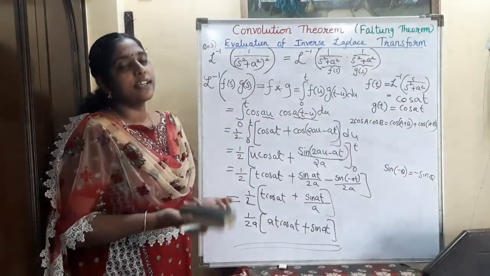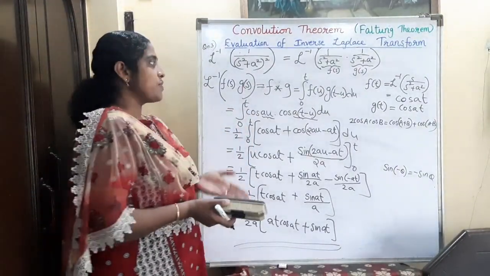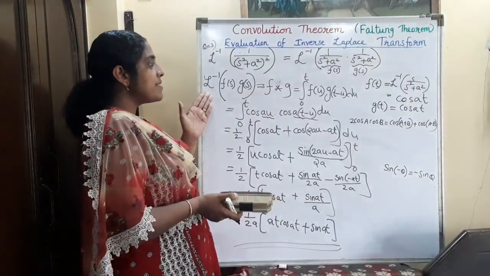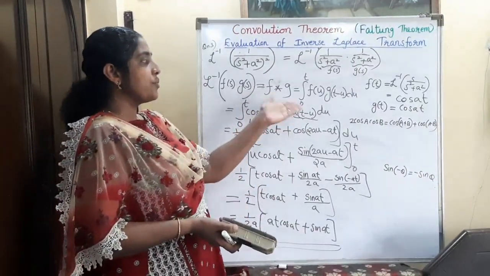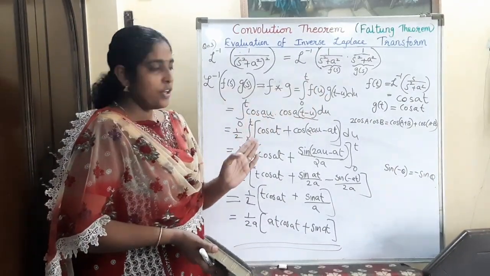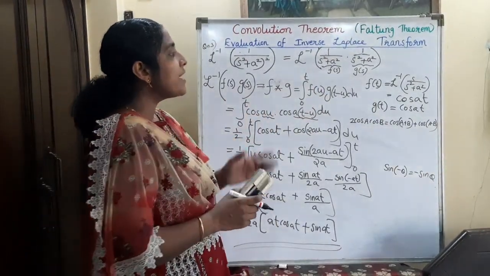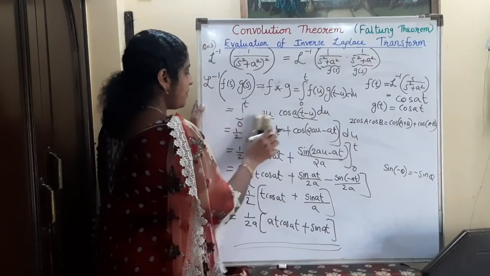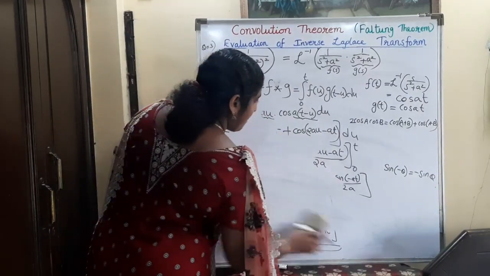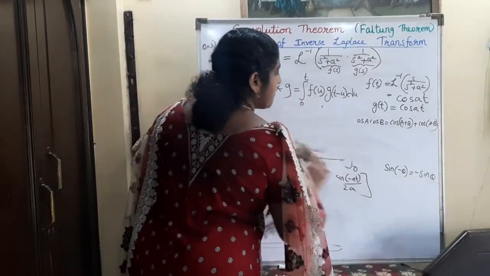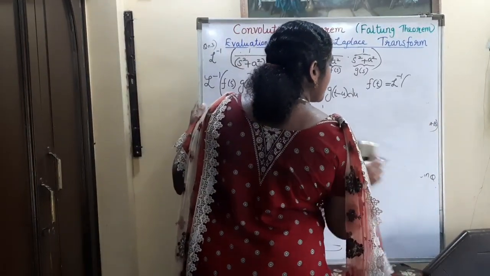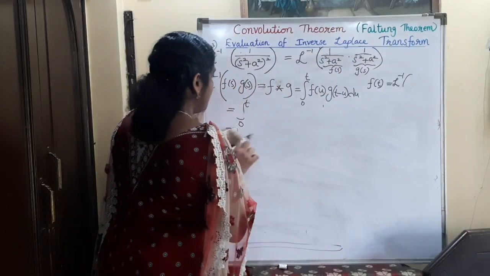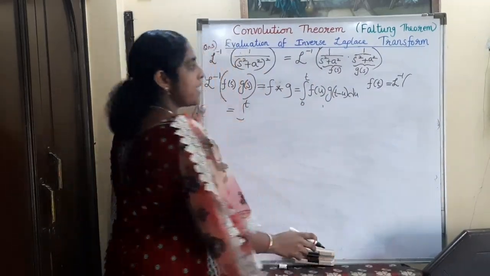So what theorem can we apply? The convolution theorem. What is the convolution theorem? Laplace inverse of F of s into G of s is the convolution of the two functions, integral 0 to t of f of u g of t minus u du. So here what is f of t?